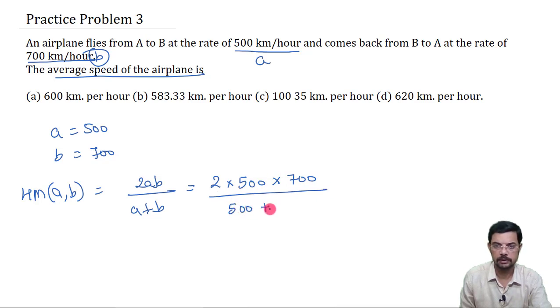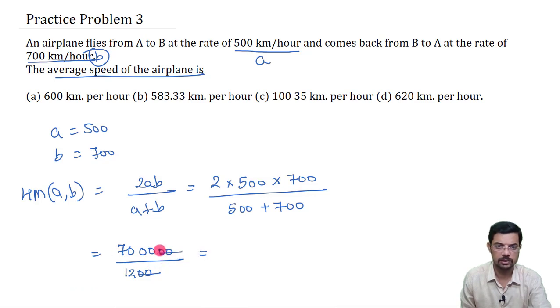500 plus 700. This can be calculated as 7 2s are 14, 5s are 70. Then we have 2 zeros, then 2 more zeros, and then 7 plus 5 is 12, then 2 zeros. These 2 zeros can be cancelled.